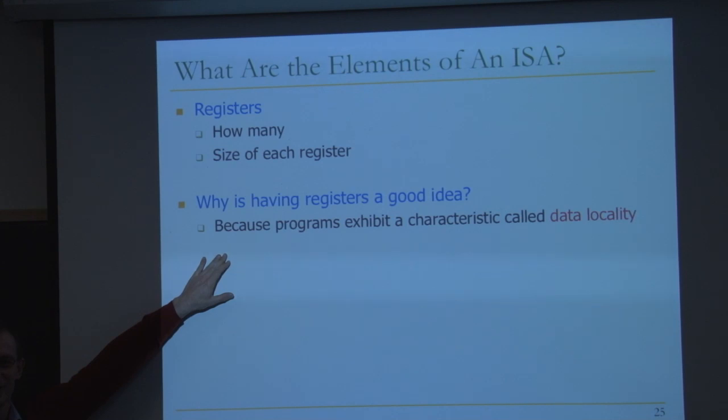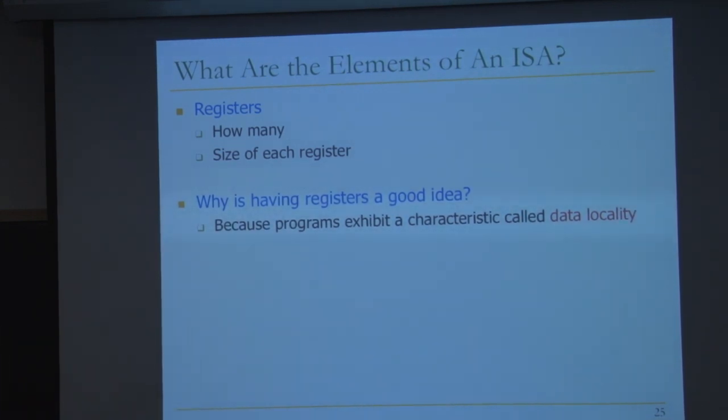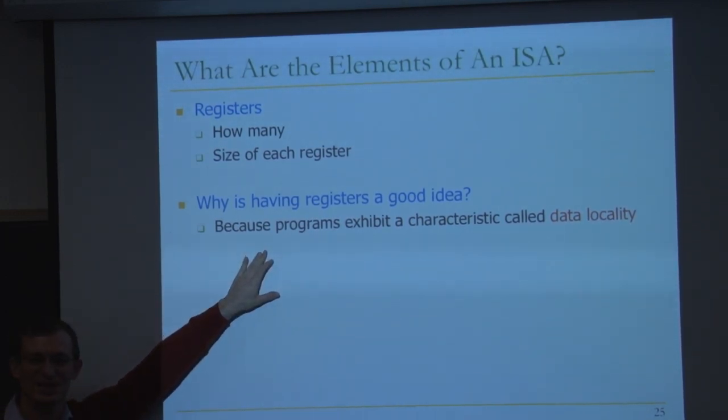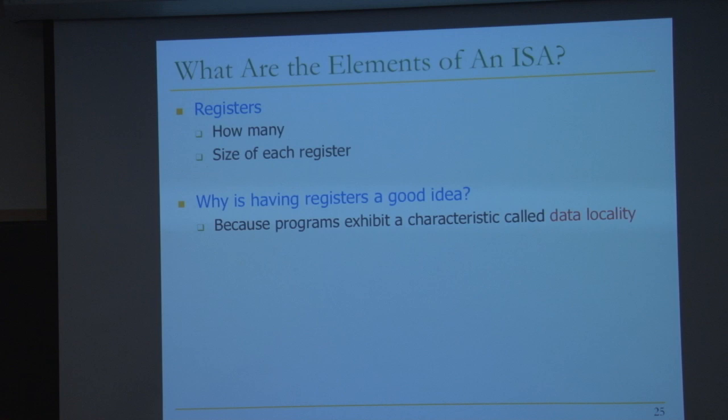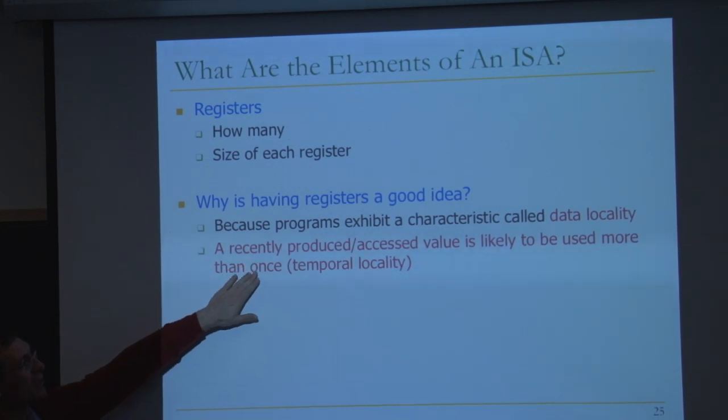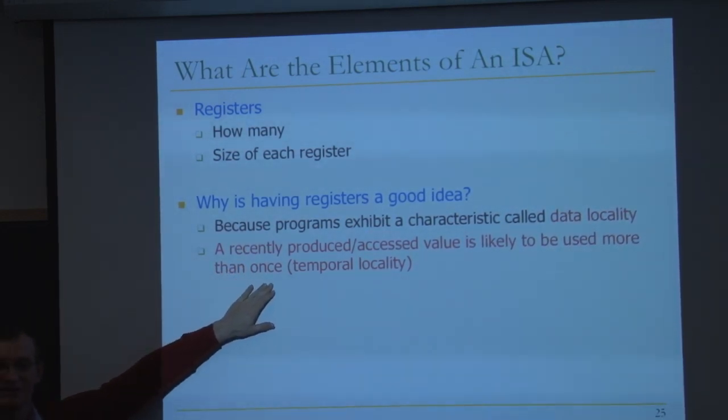You're working on some set of values very frequently. You're reusing them quickly. And a lot of programs exhibit this characteristic. They load a value, work on it a little bit, and then they're done with it. And registers exploit the fact that a recently produced or accessed value is likely to be used more than once. This is temporal locality.